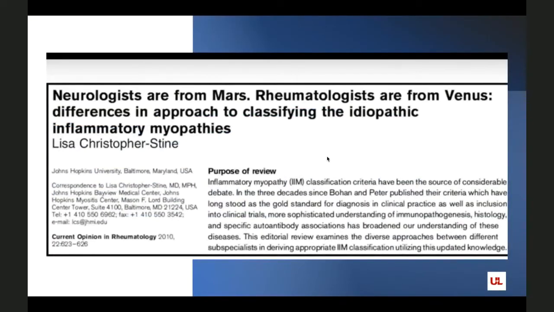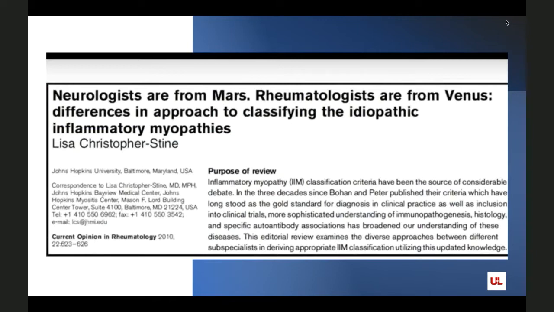Having said that, this was an article that came up back in 2010: Neurologists are from Mars and rheumatologists are from Venus. The reason I kept this article here is that myopathies are seen by neurologists and at the same time by rheumatologists, and we kind of work together or separately in identifying the classification.